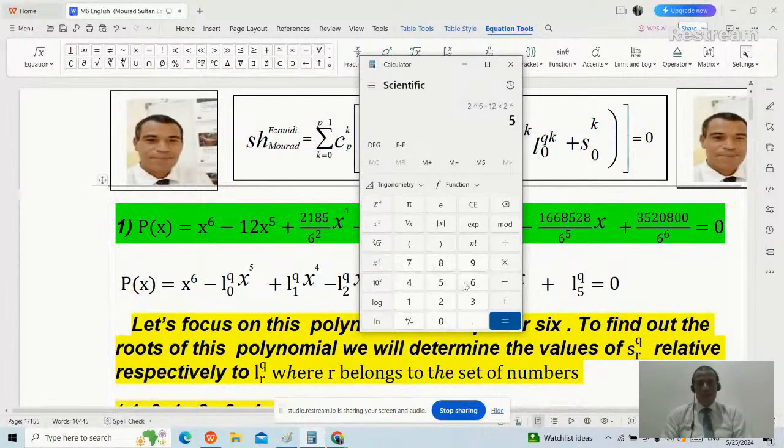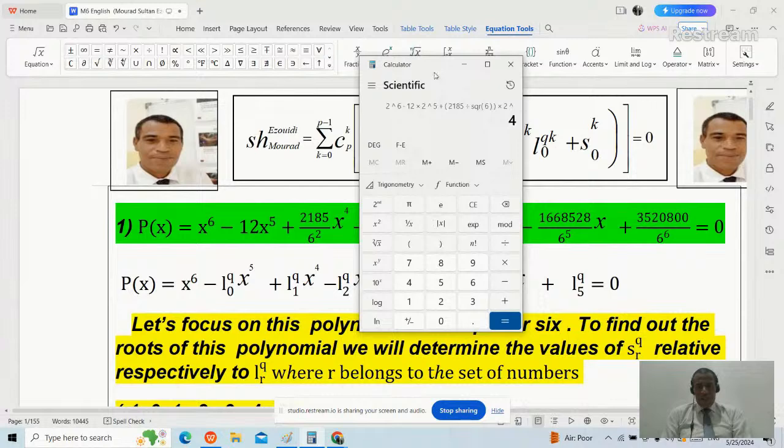Plus, between parentheses, 2185 divided by 36, which is 6 squared, close the parentheses, multiplied by 2 raised to the power 4. Then I finish this one.